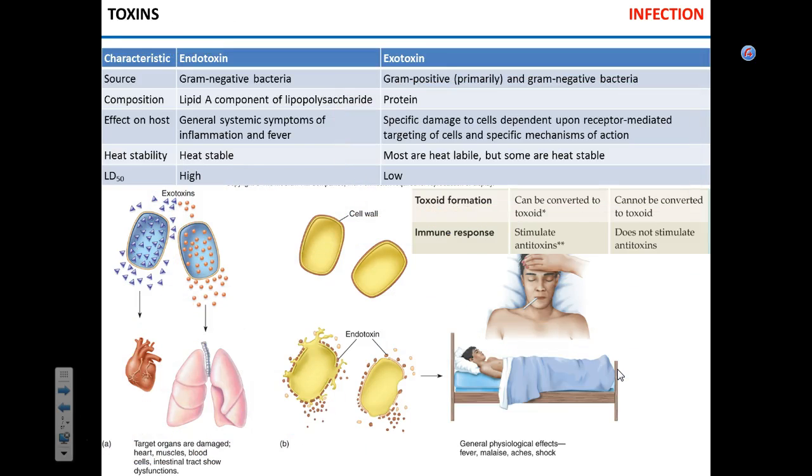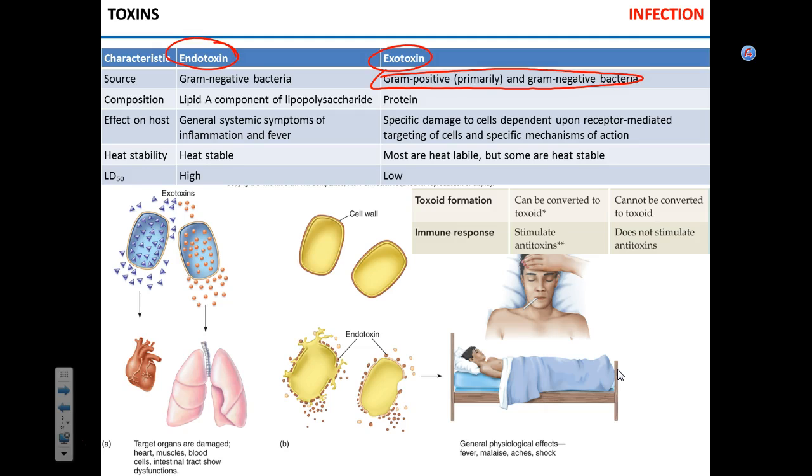Toxins. Bacteria can produce toxins. Toxins can be endo and exo. They're very different. So exotoxins are produced mostly by gram-positive and also by several species of gram-negative bacteria.